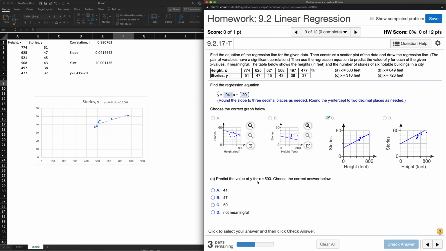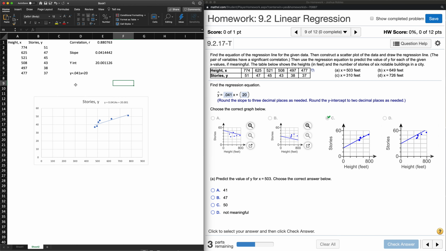So predict the value for a height. This is the x value of 503. We're going to have to do this three or four times, so it might be nice to have this work a little quicker. I'll give it an x value, leave this spot blank for the x value, and then calculate the y value.